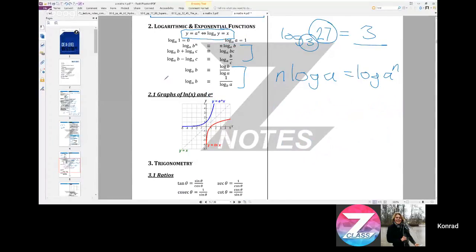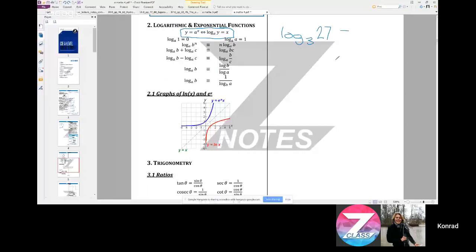Ln of x is just log to the base e of x, right? So just like all before, what you are asking yourself is e to the power of what gives you x, right?